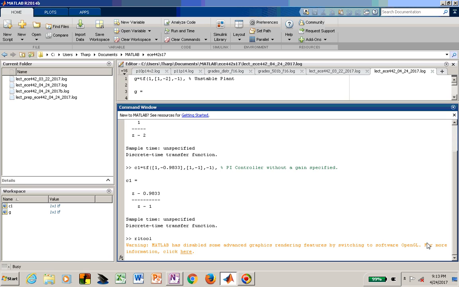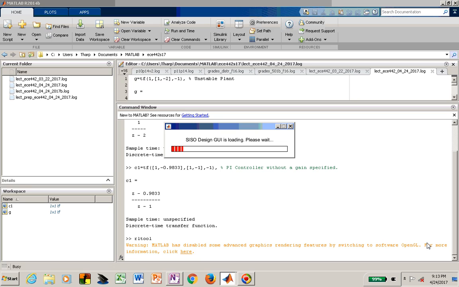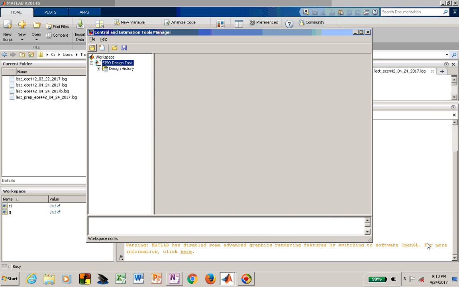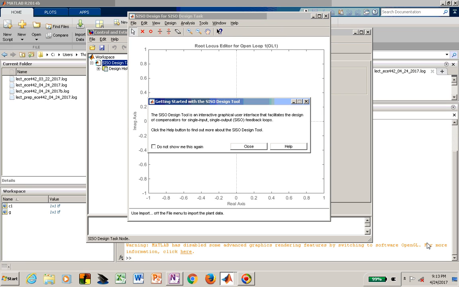The version of Matlab that I'm running is a little dated, so the way that rltool looks in this versus a more recent version is not that consistent. I don't want to spend a lot of time on the interface, but I do want to give you a feel for how you can use rltool in a design setting.